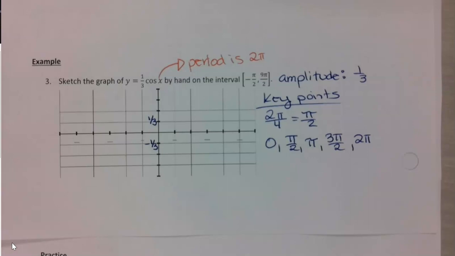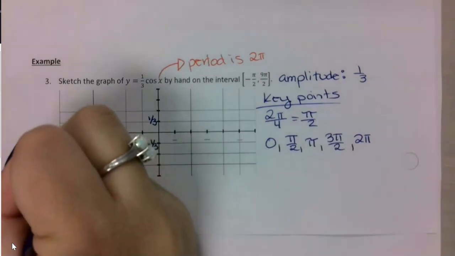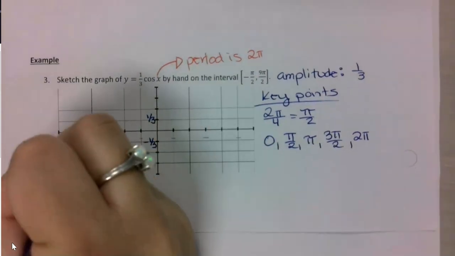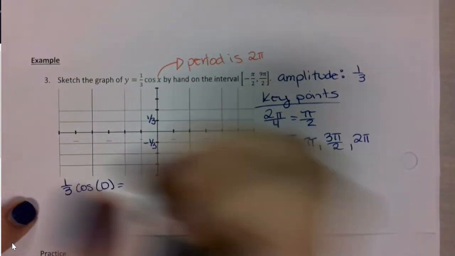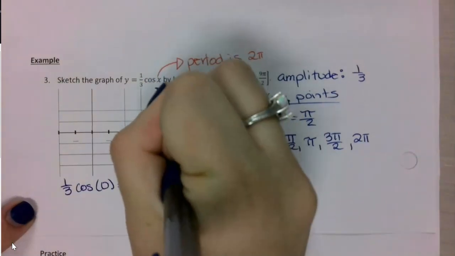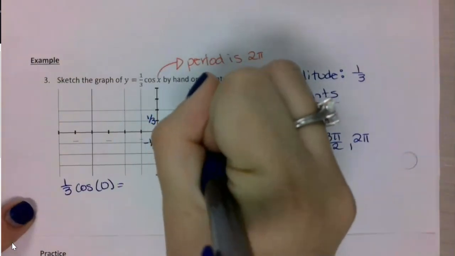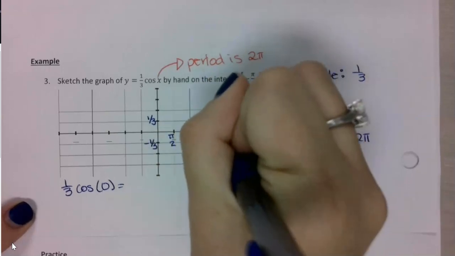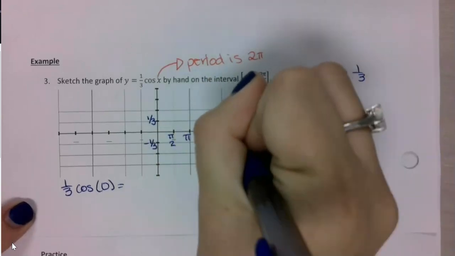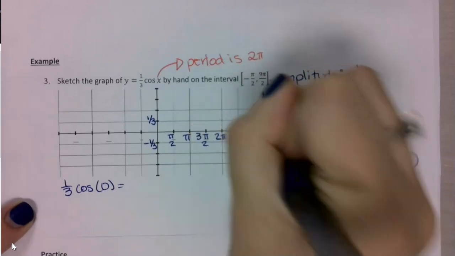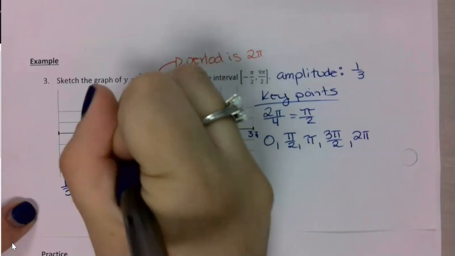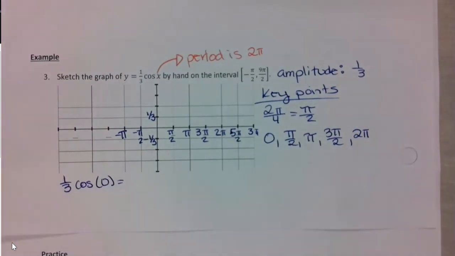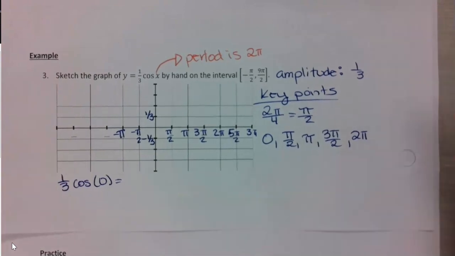Okay, so then I want to go ahead and plug in. Oh wait, I forgot to label my graph. I don't know why I keep on writing it up here when it's going to be extended.